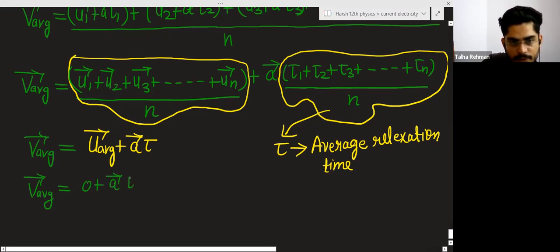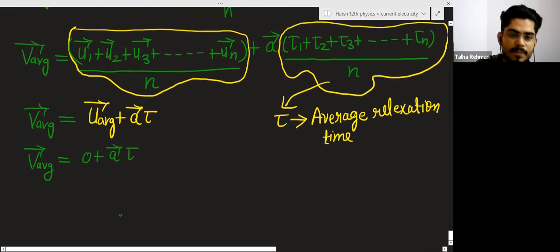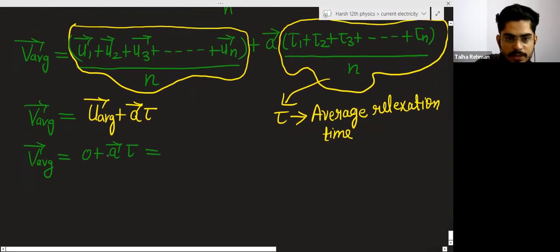This is A into tau, and A is minus E by m, multiplied by tau. So you have V average equal to minus E tau divided by m.